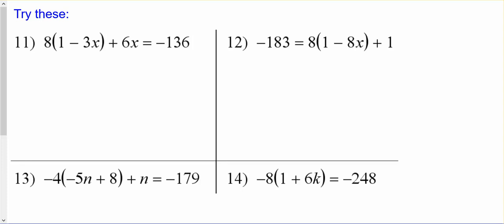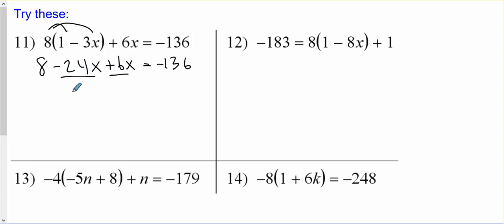So we'll distribute first. This makes 8. This makes -24x plus 6x equals -136. Combine our like terms. Negative 24x and 6x makes negative 18x plus 8 equals negative 136.